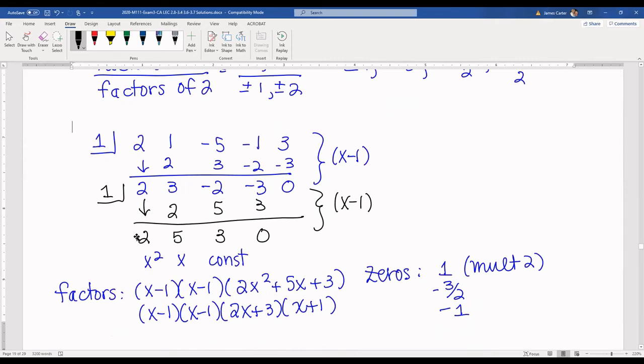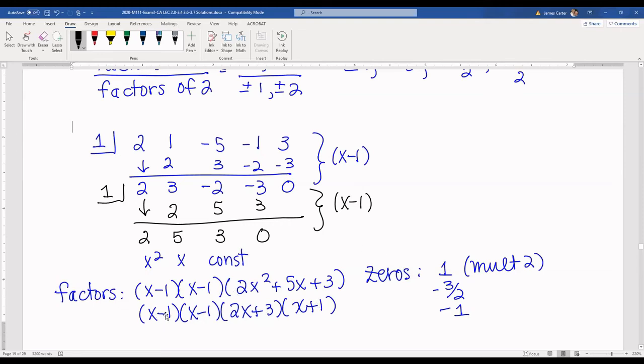Now, what do we have left here? We have 2x squared plus 5x plus 3. Now, 2x squared plus 5x plus 3 factors into 2x plus 3 and x plus 1. So here's the complete factorization of it.